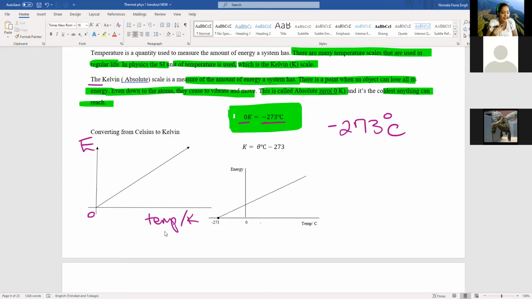From this graph, they determined what 0 Kelvin was, because it was a straight line graph. So they can work out what temperature every drop of energy disappears at.